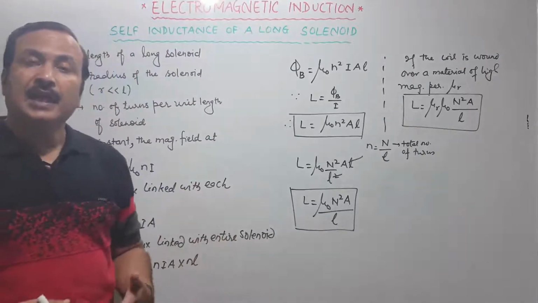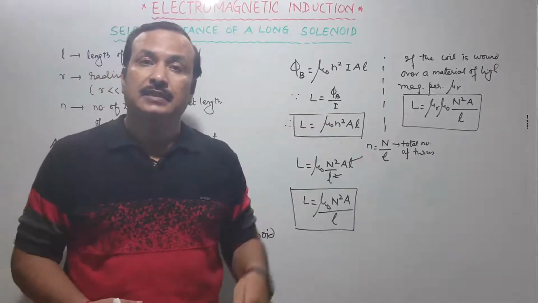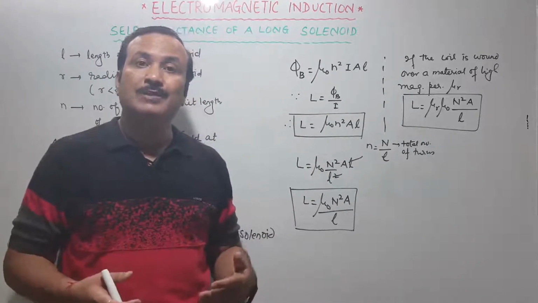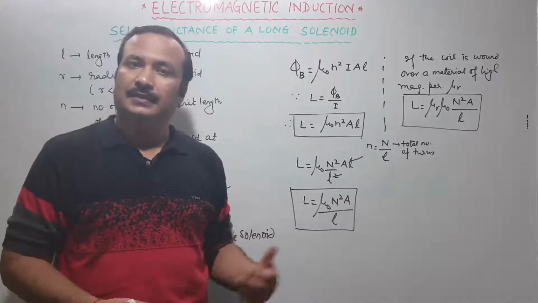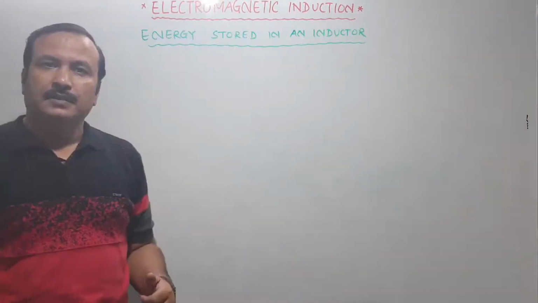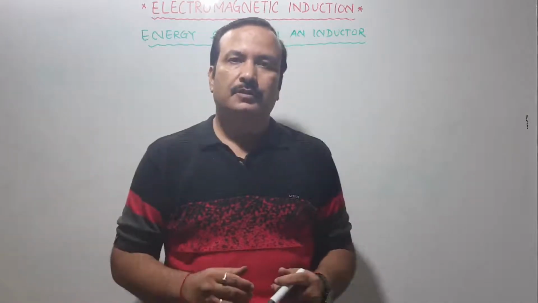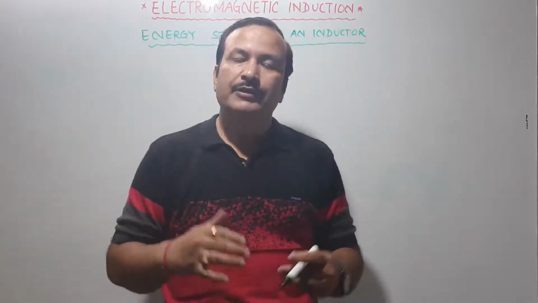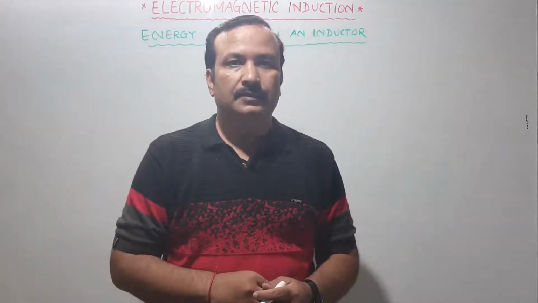Now we will see how much work is done to overcome that opposition. That means how much energy is stored in the inductor. That can be calculated. Let's see how. We have seen that when current is induced in the coil, it opposes the growth of the current.